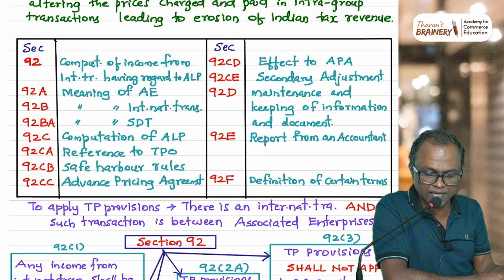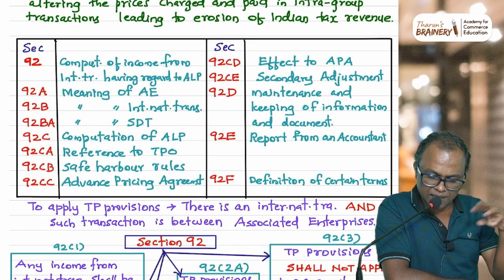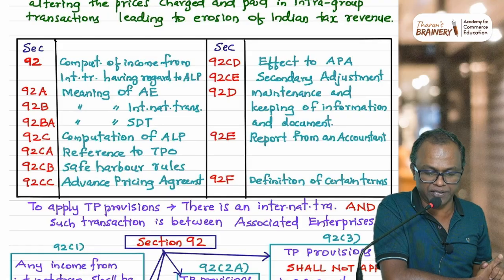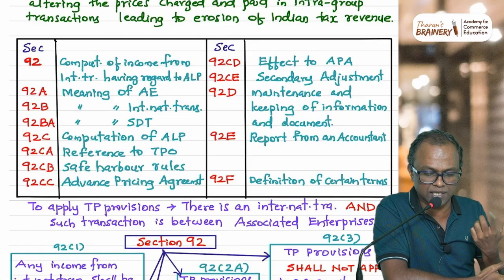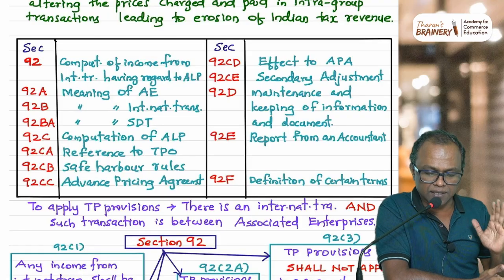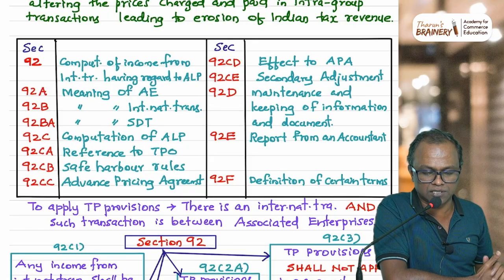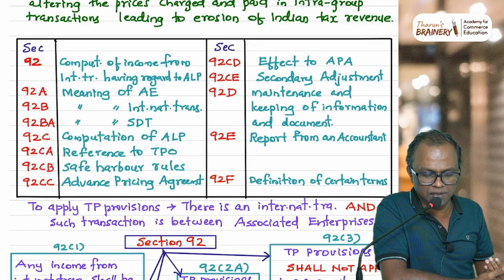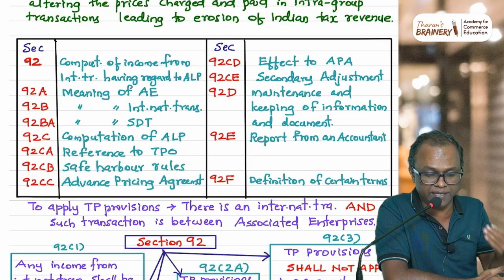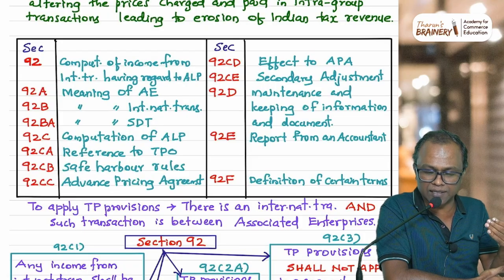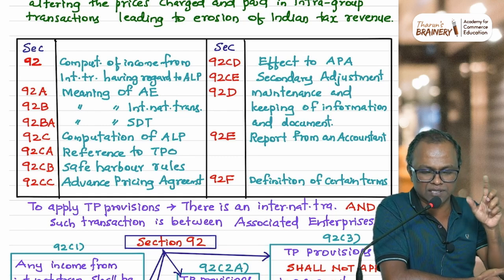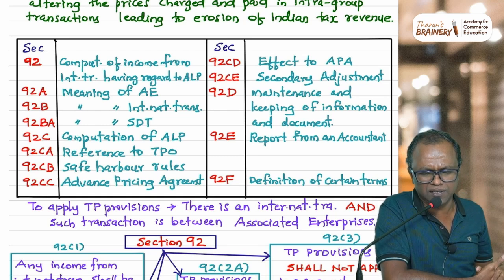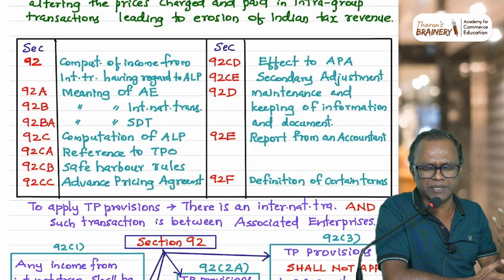If there is an international transaction, that is a transaction which has a bearing on profit, carried on between these two associated enterprises or related parties, income should be computed as per the arm's length principle. While applying the arm's length principle, if the department feels that the income reported in India is lower than the real income they have to report, then that difference will be added to their net profit, the income will be increased and they will be taxed.